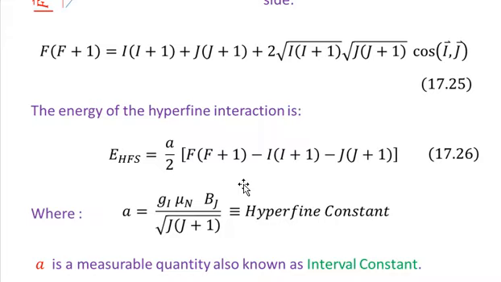The value of I is given to us from the nuclear physics side, and from the atomic physics side we know the value of J. So we can compute the value of F, and of course the hyperfine constant A is also known to us.